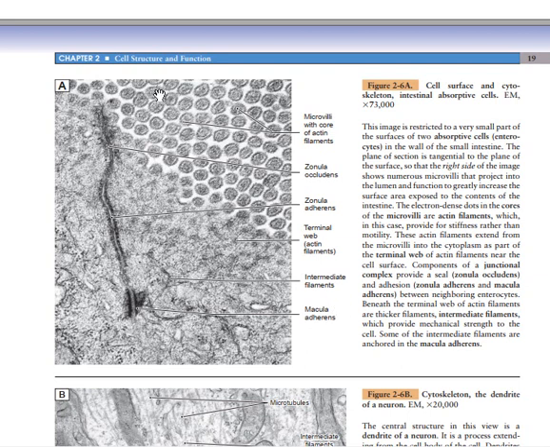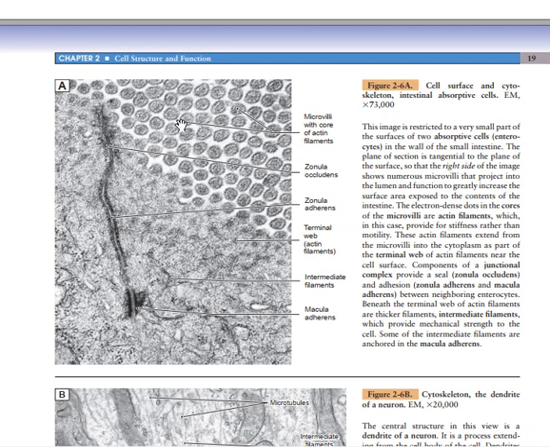Now the question you can ask me is, what is this? All these are actually the cross section of a microvilli. I've initially told you that the microvilli are made up of multiple actin filaments.